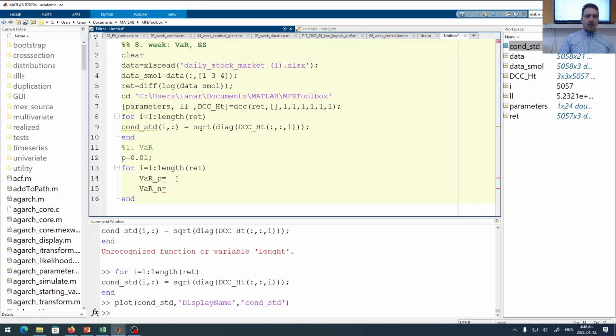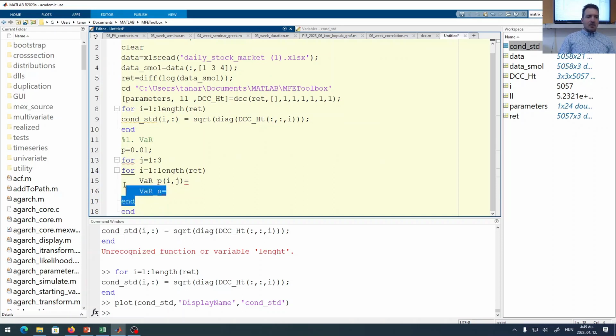And for each day, and also for each asset, we need to distinguish amongst them. So we need a secondary for cycle. We have 3 different assets, so 3 different VaR levels will be necessary. Or we can combine them in a portfolio, but at first I would like to show you the individual things, and then we can play with them or combine them together.